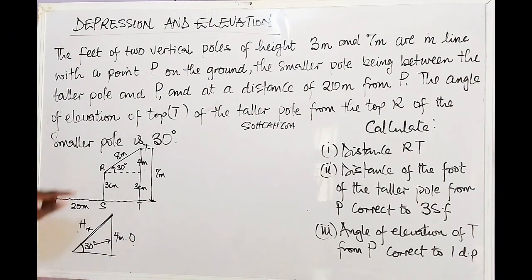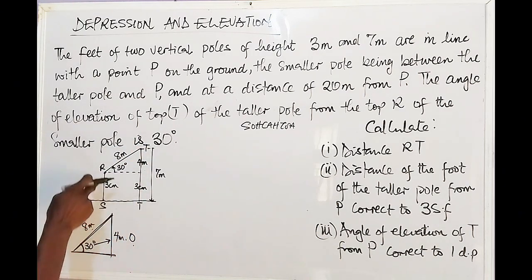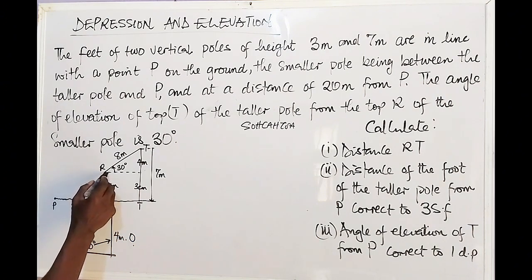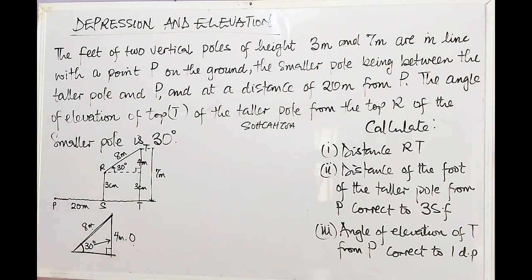Alright. Now taking cognizance of this triangle, now that we've established by calculation that here is 8 meters. Okay? And this triangle is a right angle triangle because this is a straight line. This is also a straight line, and this is also a straight line, making here 90 degrees.